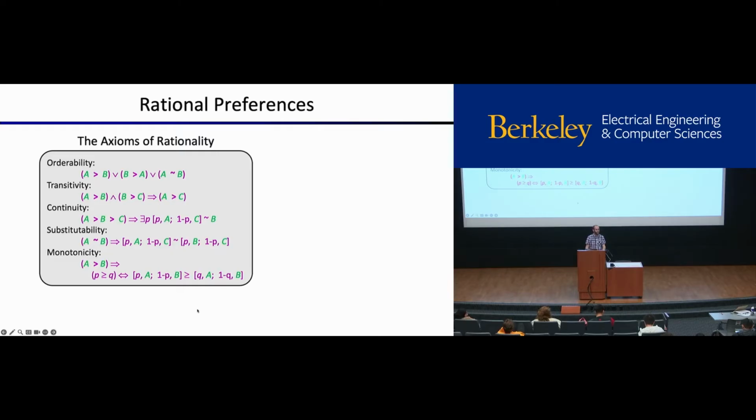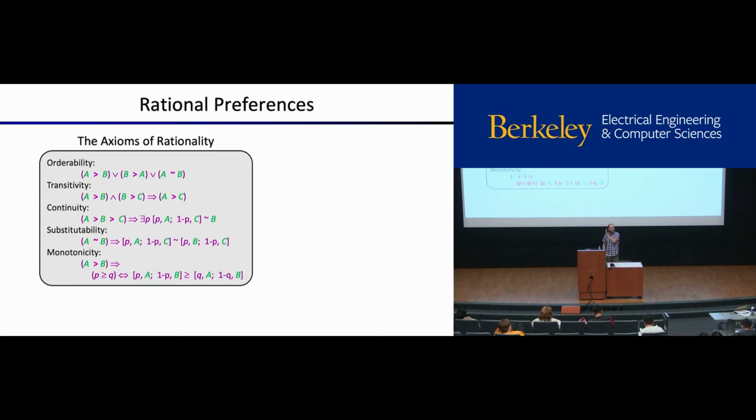Continuity, yeah. There's going to be a slide that goes into an example like this a bit more. But let's say I'm offering you either $100 guaranteed or a lottery where you might get nothing and you might get $200. Okay? If your probability of getting $200 is 0, you're probably going to take the 100 guaranteed, right?